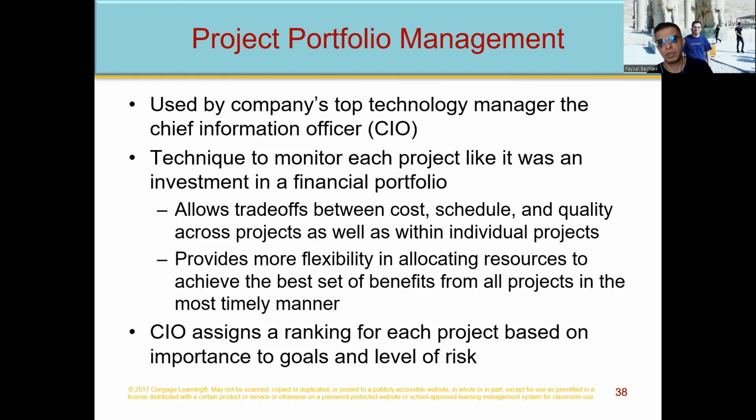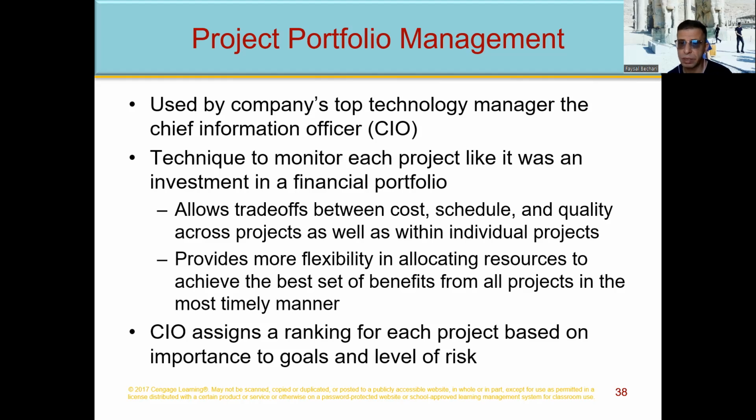The COO, Chief Information Officer, or Chief Technology Officer is used by the company's top technology manager, the Chief Information Officer, or CEO. The technique is to monitor each project like it was an investment in a financial portfolio. It allows trade-offs between cost, schedule, and quality across the projects as well as within the individual project.